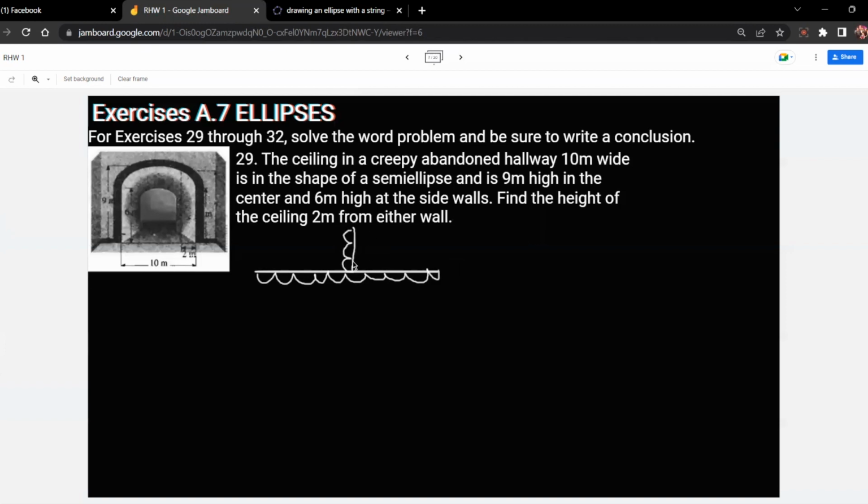Tapos ano, pili ka ng coordinate system na maganda. So, that's 3 meters from the wall.